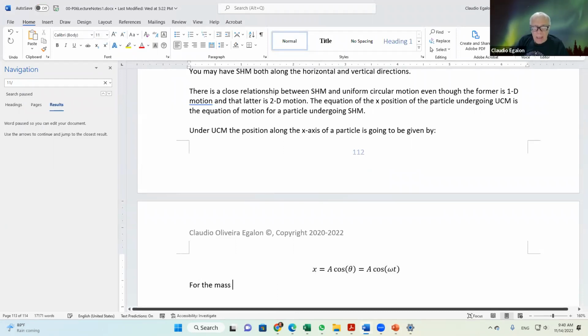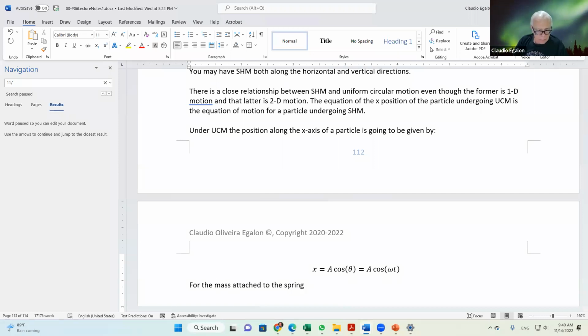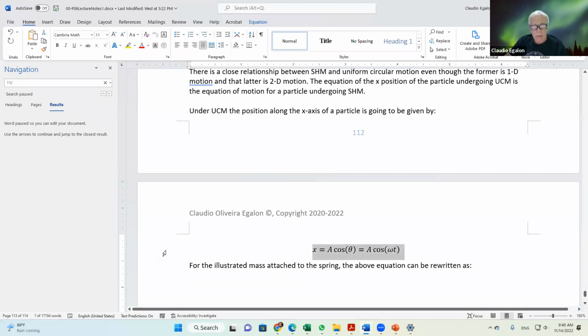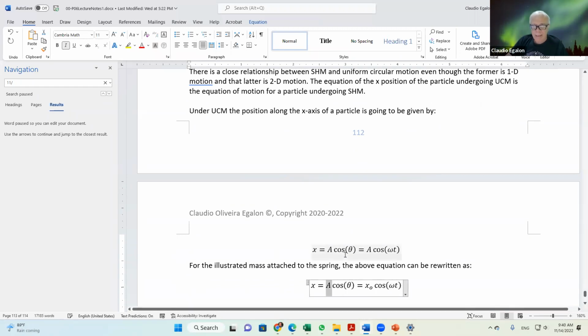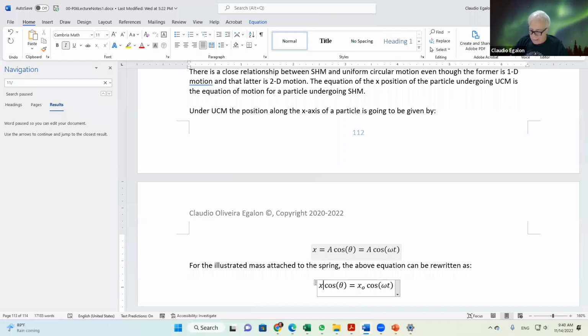For the illustrated mass attached to the spring, the above equation can be written as x naught cosine of omega t.